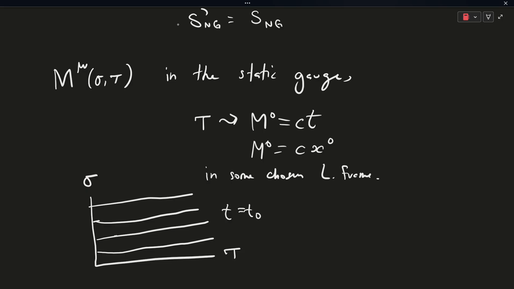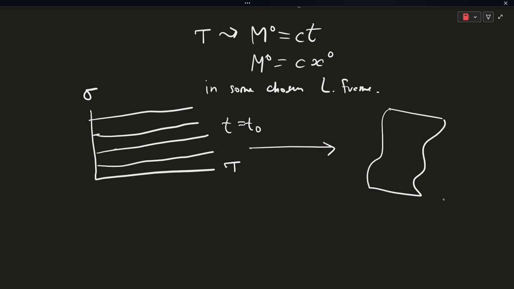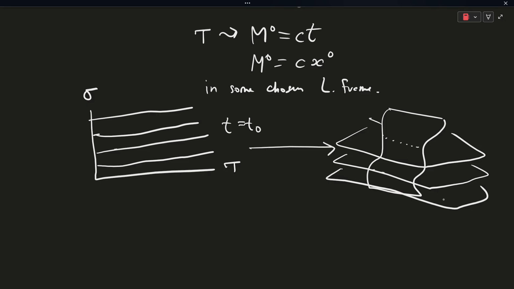For these lines over here, there is an associated line that runs along the world sheet of my string. There are corresponding hyperplanes, like so. Each of these lines over here is mapped to a hyperplane inside our d-dimensional spacetime.